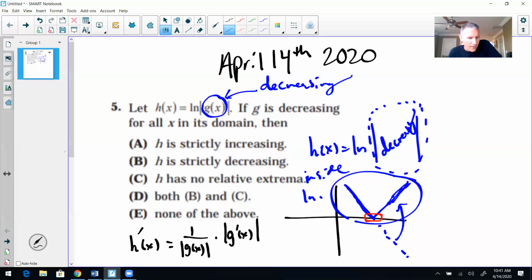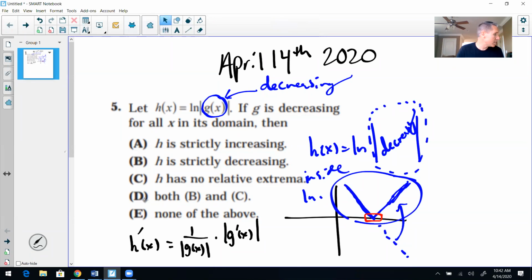Yeah, it's looking like the only point that would be a consideration for relative extrema is when g of x is equal to 0, but when g of x is equal to 0, ln is not going to exist. So I'm pretty sure the answer is going to be E on this.